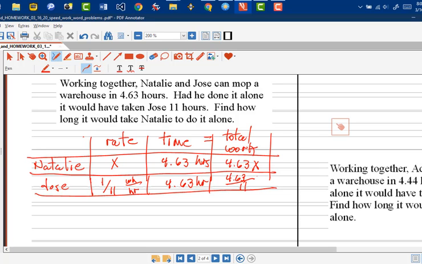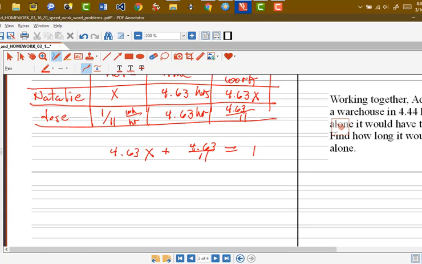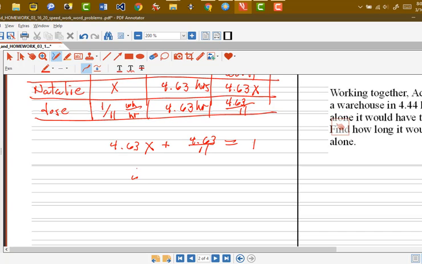So that's the total work Jose does. So now your equation is going to be Natalie's total work plus Jose's total work. And what does that total equal to? It's equal to one warehouse.